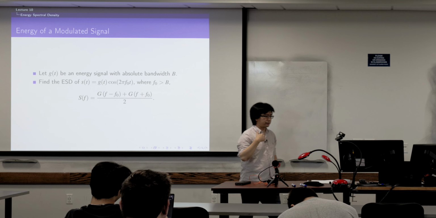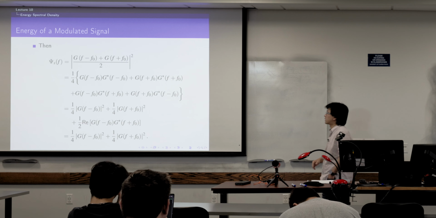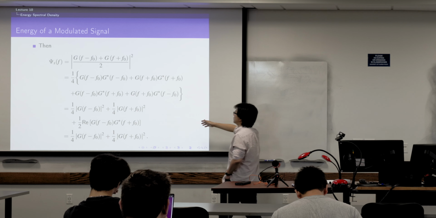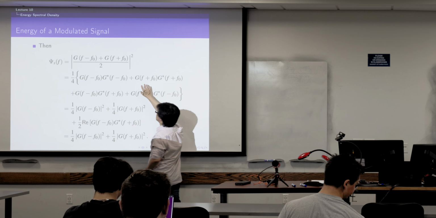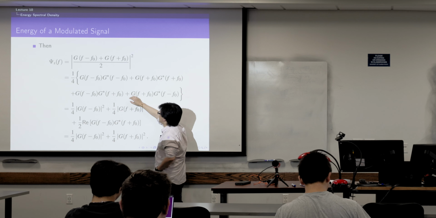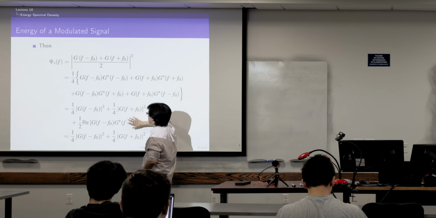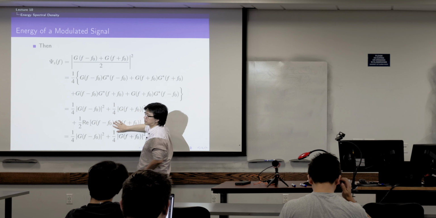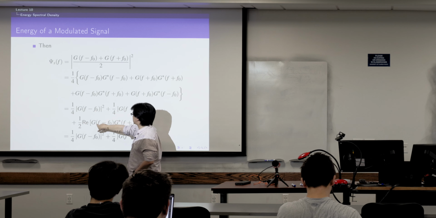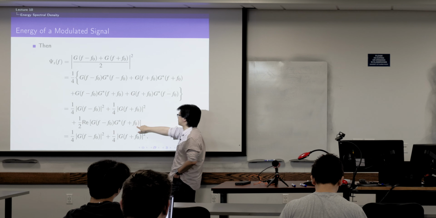For this kind of signal, let's compute the energy spectral density. This is how we compute it. We use the definition of the norm, and write that as this guy multiplied by this guy's conjugate. After some manipulation, we find this is what we have, but for this cross term, that becomes 0, because we use G(f minus f0) times G(f plus f0).